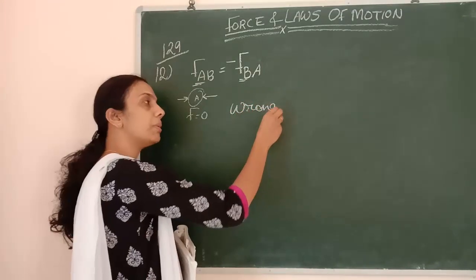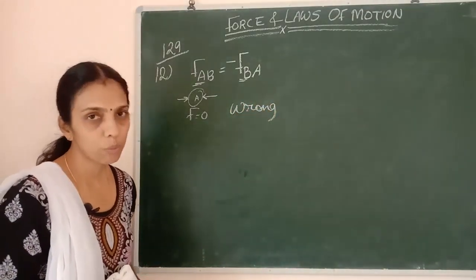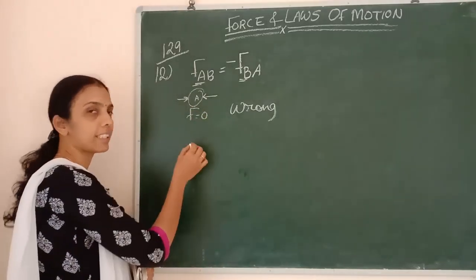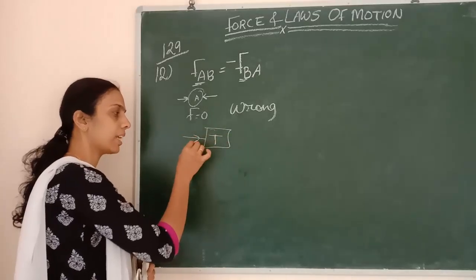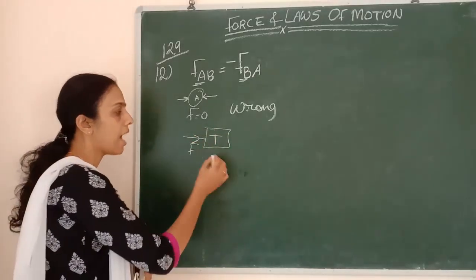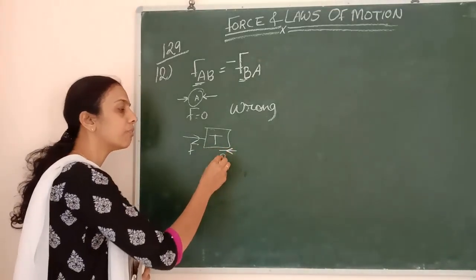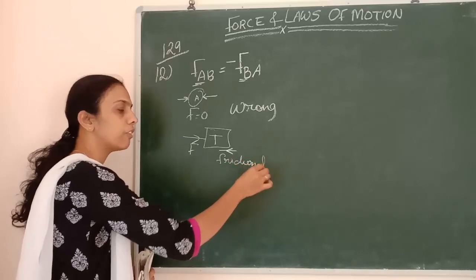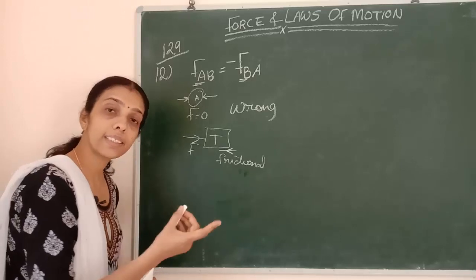Then what is the reason the truck is not moving? The truck is not moving because a frictional force is acting on it. See, this is the truck and we are applying a force on it, and in the opposite direction a frictional force acts.